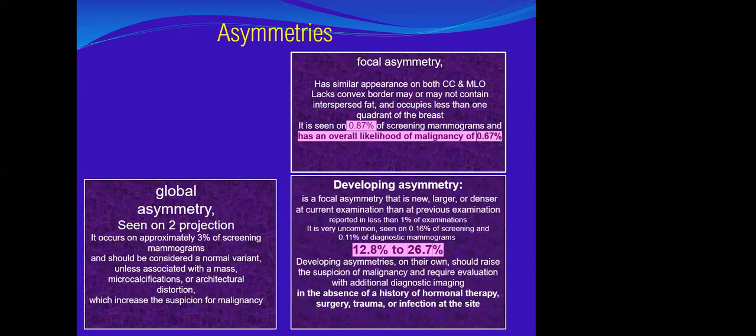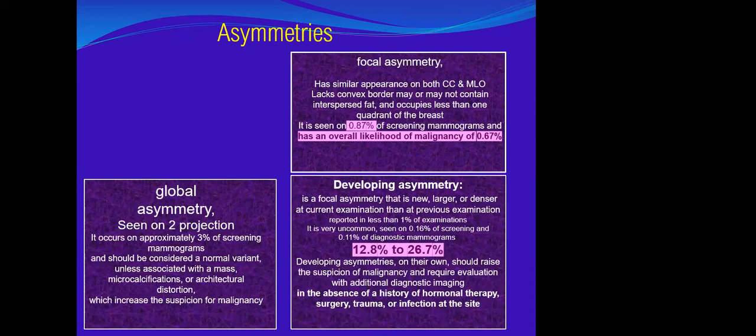The only asymmetry having a moderate suspicion and raising the possibility of malignancy per se, without other associated findings, is developing asymmetry.